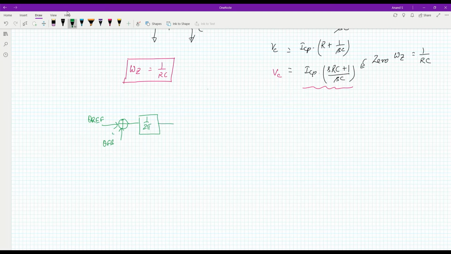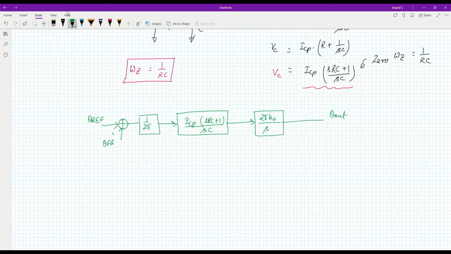This output goes to our charge pump and filter combination, which is given by ICP into SRC plus 1 whole divided by SC, and then this goes to the VCO, which has 2 pi into KV divided by S, and this is your theta out. This then controls the feedback through a divider with a value 1 by N.